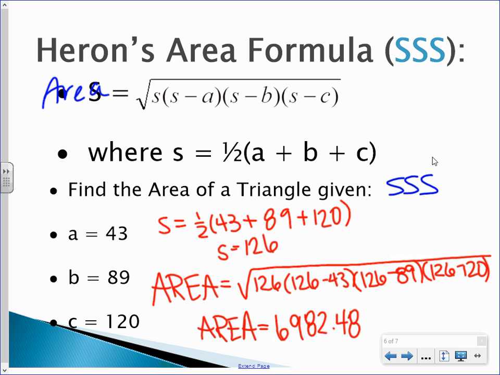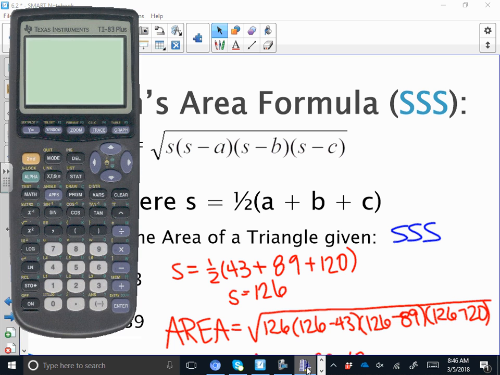It seems really big, doesn't it? Did it get closer to 1,500? Yeah. Okay, so let's check your calculator here. So we should have square root of 126 times 126 minus 43 times 126 minus 89 times 126 minus 120.